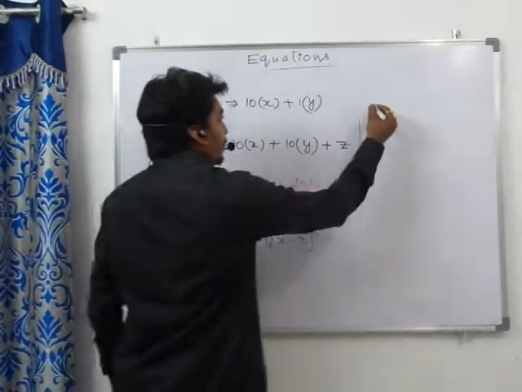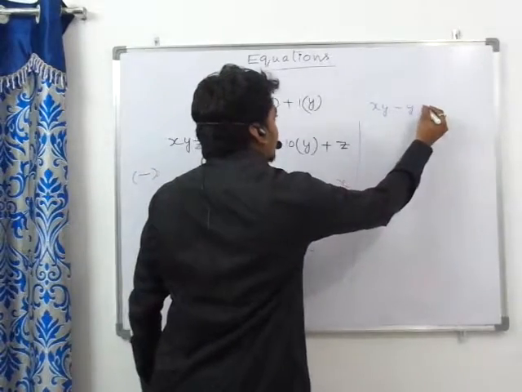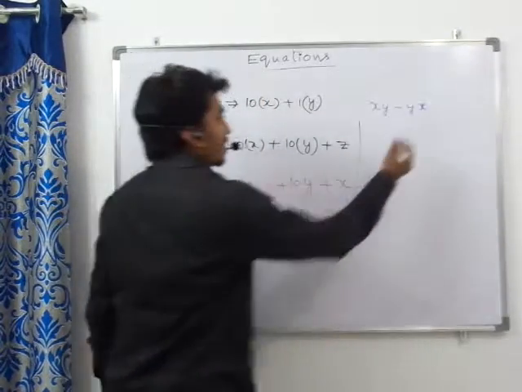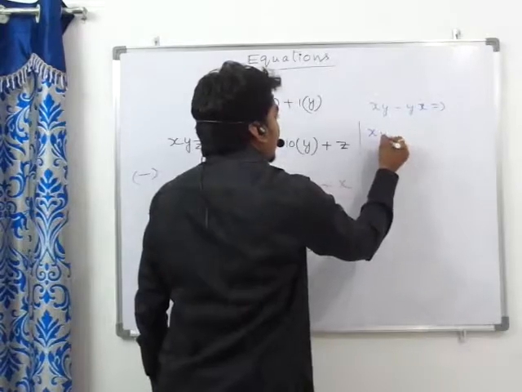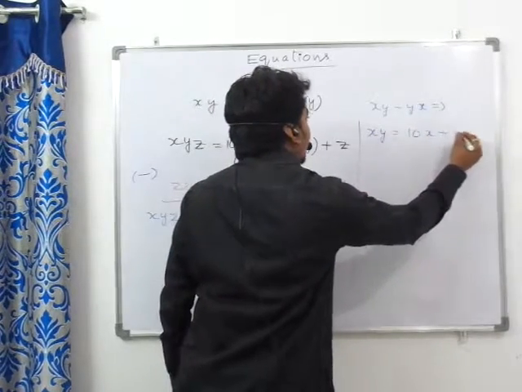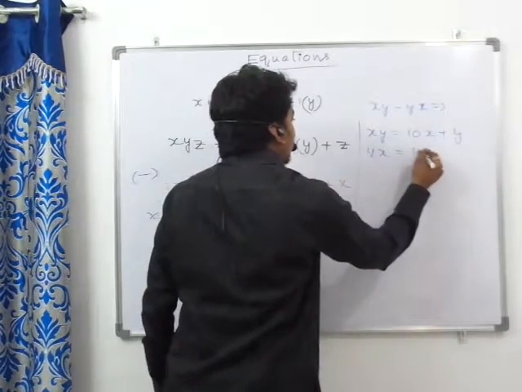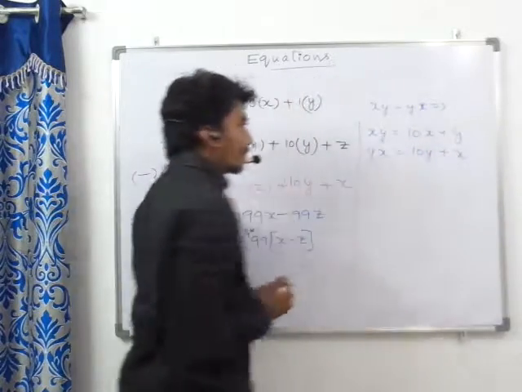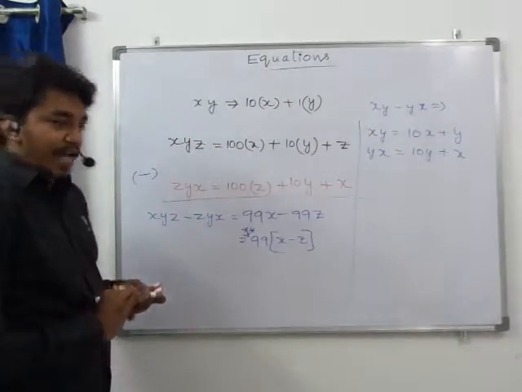Similarly, if you take xy minus yx, let us rewrite this. xy is 10x plus y, whereas yx is 10y plus x. Now if you take the difference, what will happen, guys?